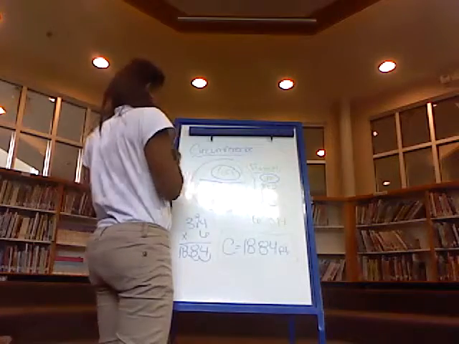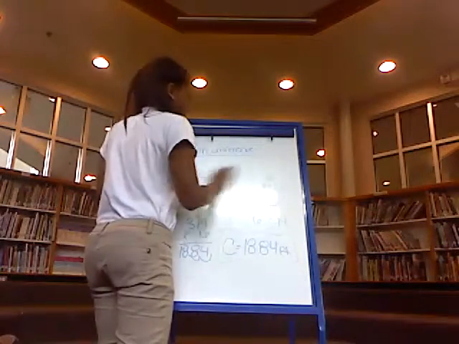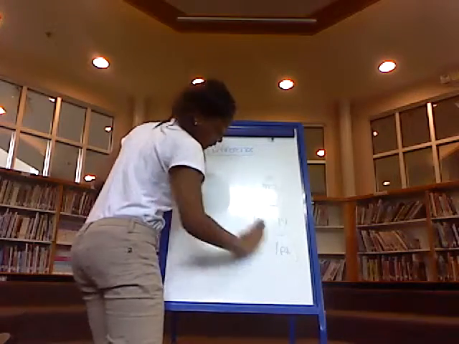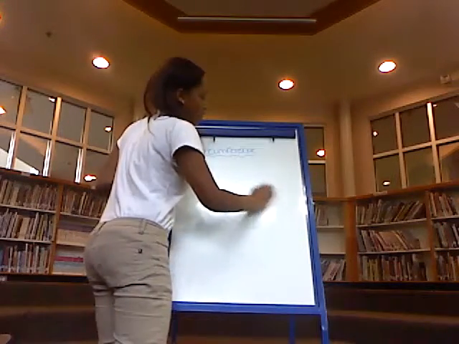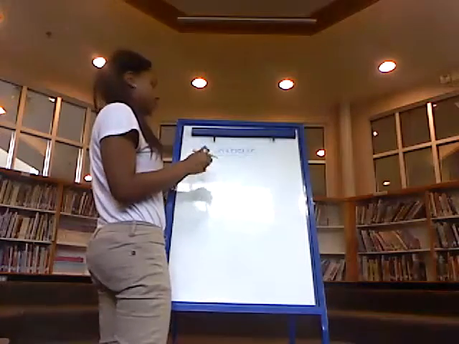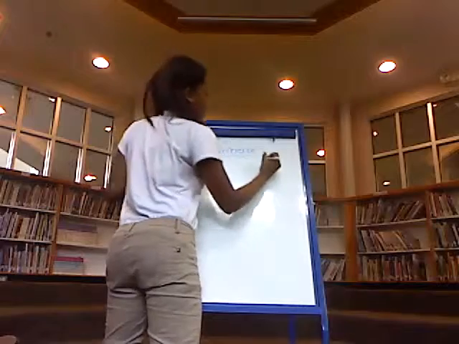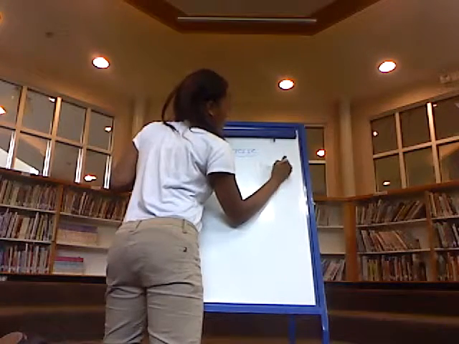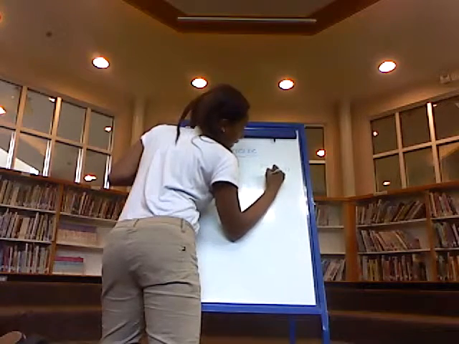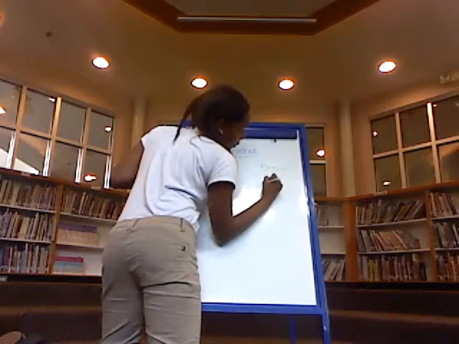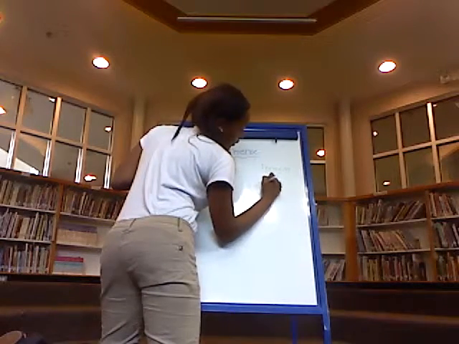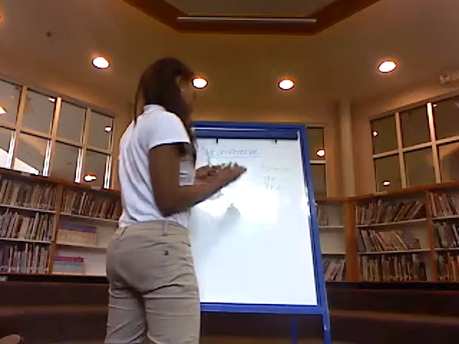Okay. Now, for the second one, remembering that the formula is diameter times pi or r times pi times 2.